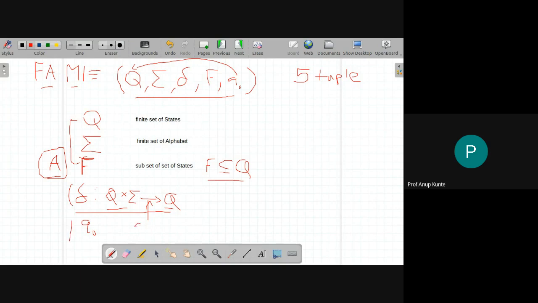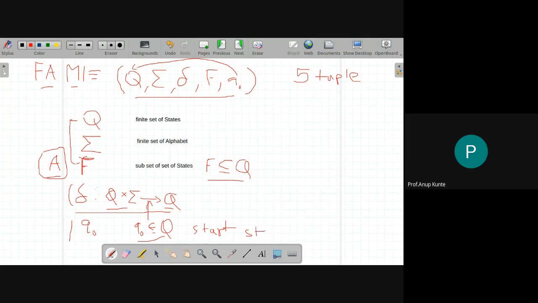Now, this Q0 is a special element from the set Q. Now, this notation here is not sigma, it is the member-of relationship in a set. Q0 is a member of capital Q. That means it's a specific state from capital Q, which is referred to as the start state.